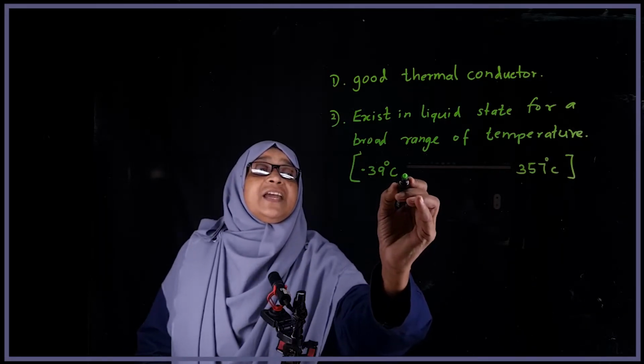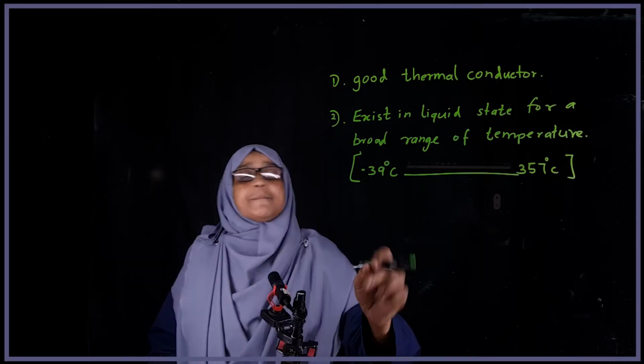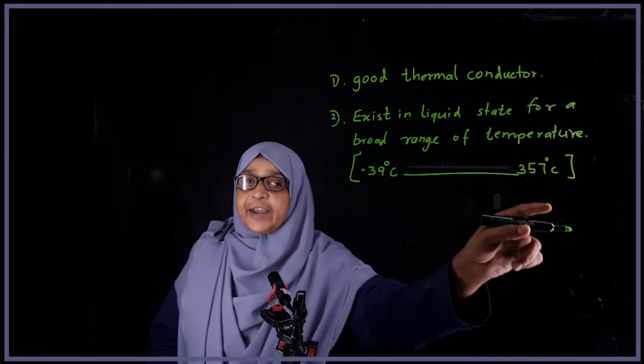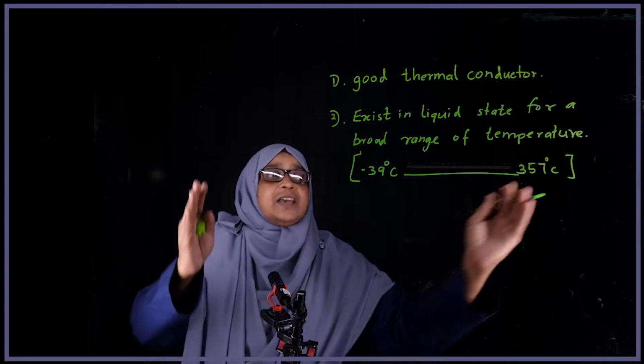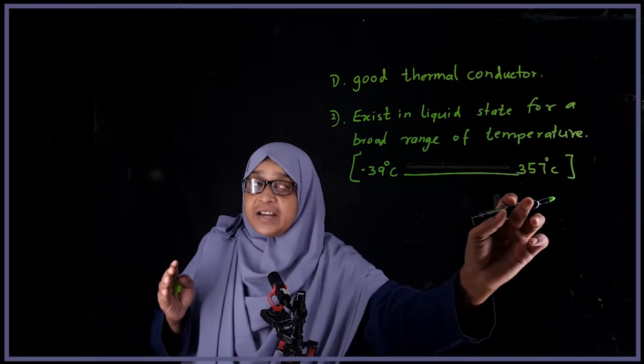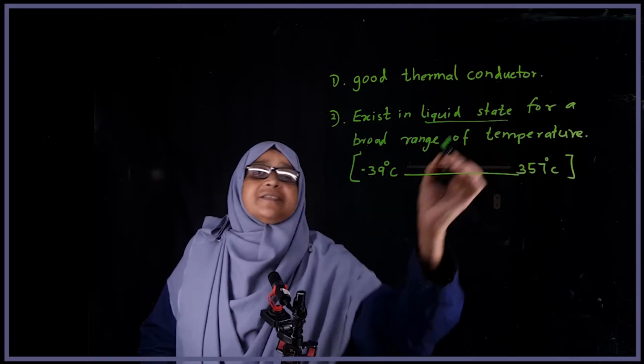So between these 2 points, there is a great interval. Along this interval, the mercury exists in liquid state.